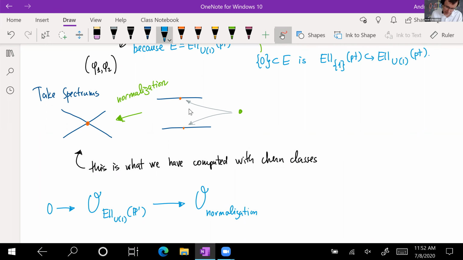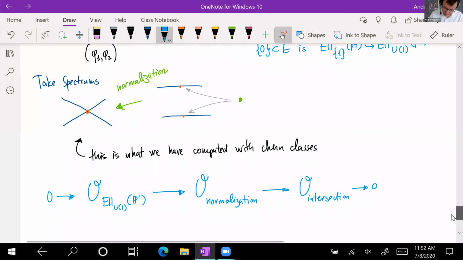So first I have a map to the normalization, and then I take O of the intersection. And in this case, it's surjective. That makes sense? You can continue like that.